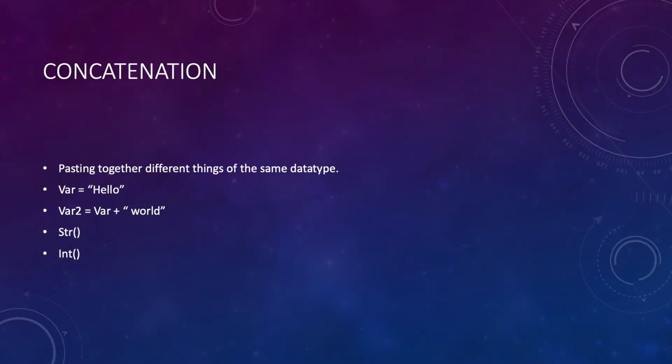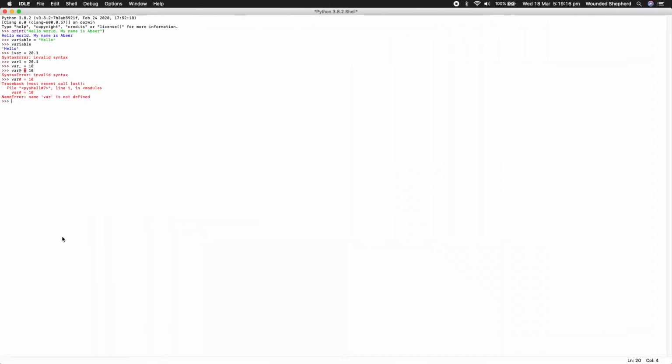Concatenation. You join together different things of the same data type, but if you want to convert them from one data type to another, there are some functions. The most commonly used are str and int. So let me just first show you the concatenation. Oh yeah, and you can give spaces with your variable names.